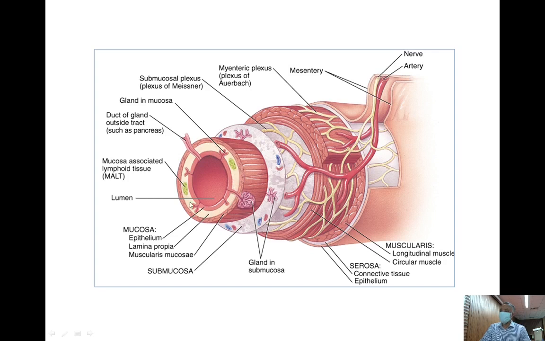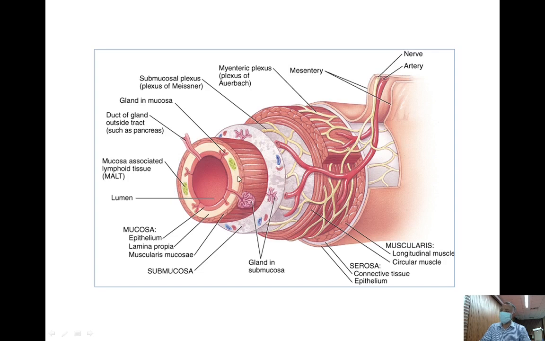As a whole, this part is our mucosa. Now you see, this epithelium is extending into the lamina propria to form some glands. Some mucosa-associated lymphoid follicles may be present in the lamina propria. Outer to that is the muscularis mucosa, which is smooth muscle fiber.